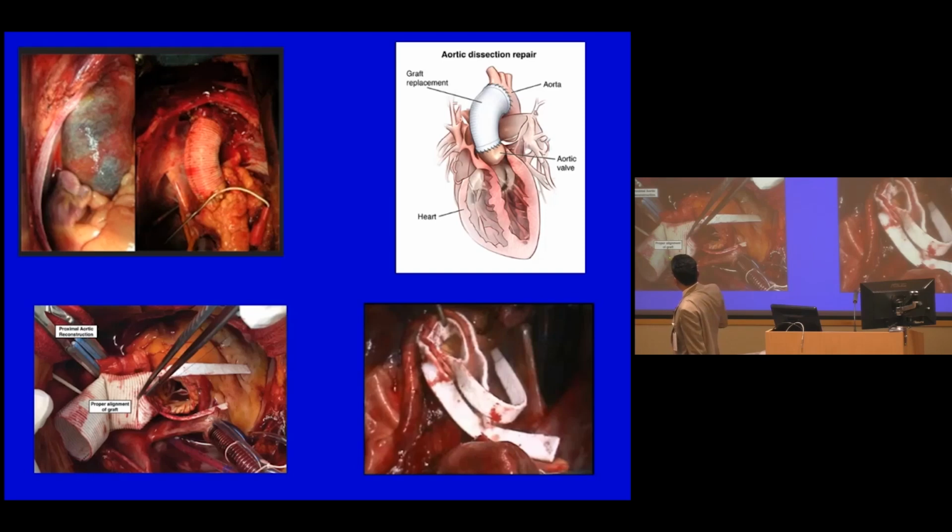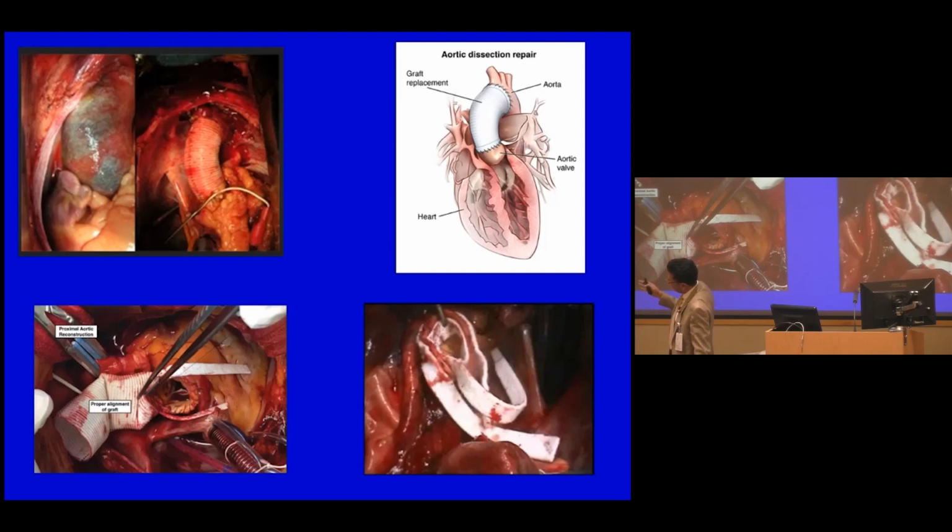Here is a slide of a root that has been preserved with bioglue and also sutures, just reapproximating the two layers that have been dissected. The commissures have already been resuspended. The distal anastomosis is reinforced by a sandwich technique.